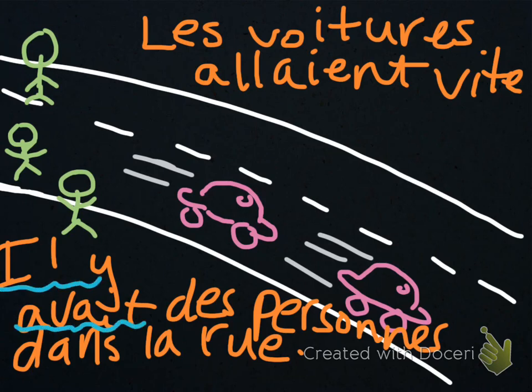There were people on the street. Et les voitures allaient vite. So the cars were going fast. This is the imparfait because these are other actions going on that set the scene. They are the background actions and they serve as description, like we talked about, setting up the background, the descriptive tense.